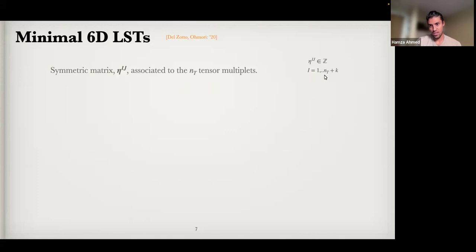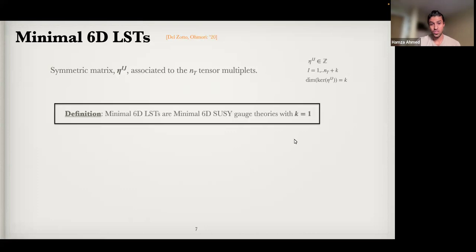It's an nt plus k by nt plus k matrix, where the dimension of the kernel of this matrix is k, which is important, because the little string theory is precisely the case where this k is equal to 1. So you have one zero eigenvalue for this matrix, and that defines the minimal 6D little string theory.